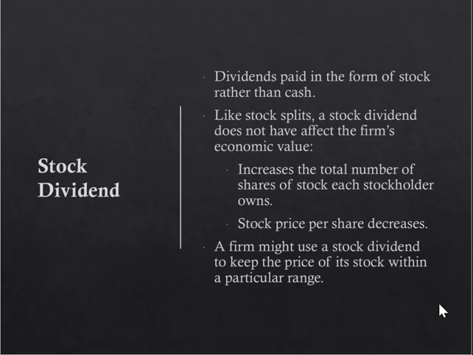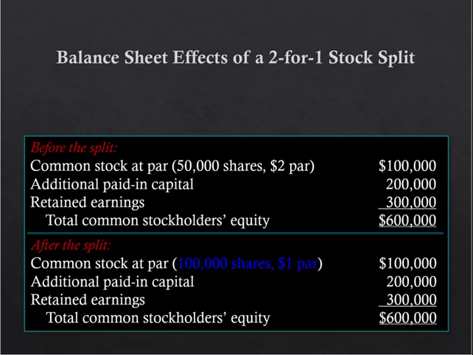But they provide a psychological signal that, hey, we expect the company to be doing well, so we're going to issue you a little bit more stock. People go, hey, I used to have 100, now I got 110, see, I've got more, isn't this great? Really nothing economically changed, but it sent a signal, and it psychologically made the shareholders happier, which might cause the stock price to rise, and the full impact of the stock dividend isn't felt. Essentially, you do get a small rise in the price, and therefore a small rise in the actual value.